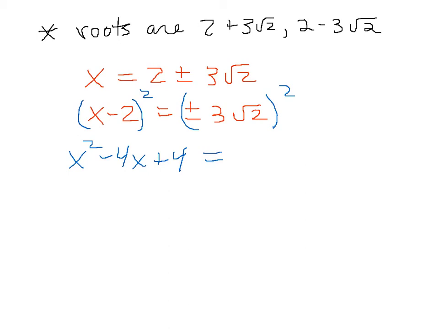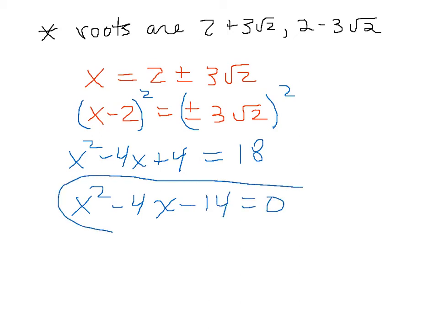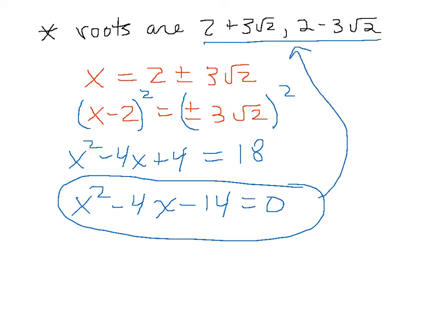And on the right, if I square plus 3 square root of 2 or minus 3 square root of 2, what I get is 9 times 2, or 18. And so therefore, look how nice this works out. There we go. There's the equation that has these two puppies as roots.